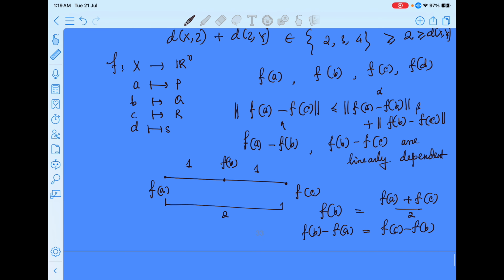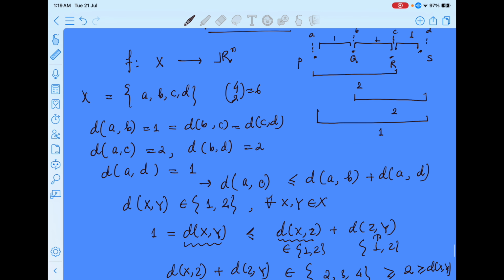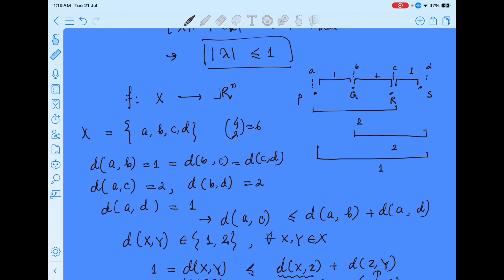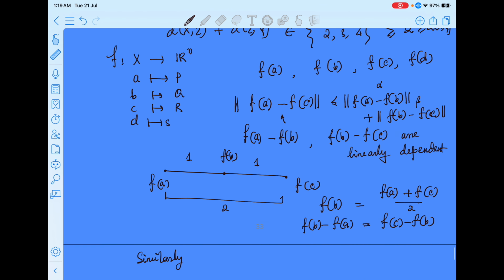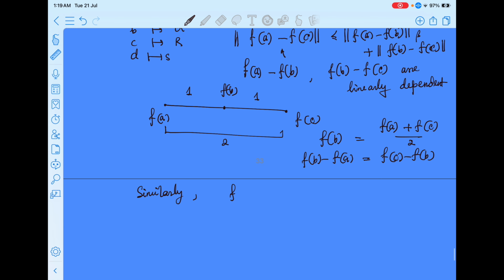Now similarly for f of b, f of c, and f of d.